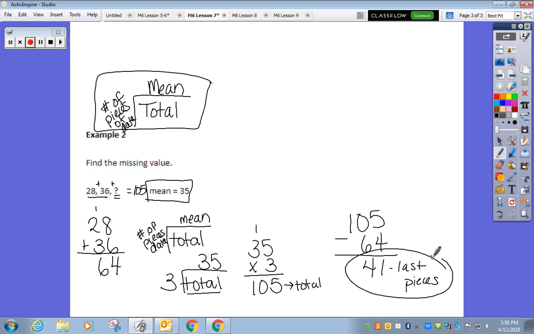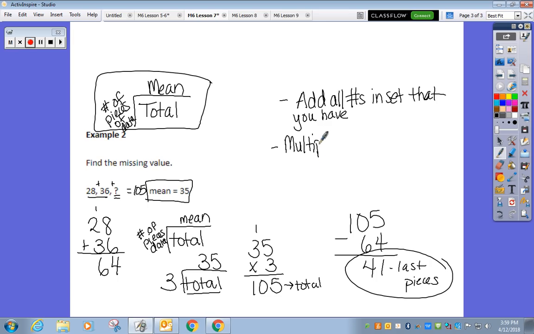Okay, so again, what I did was add all the numbers in the set that you have. I then multiply, and it doesn't matter which order really you do these two in, I multiply the mean and the total number of pieces of data, and that includes the missing one.